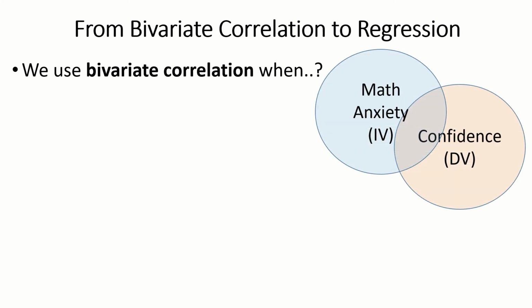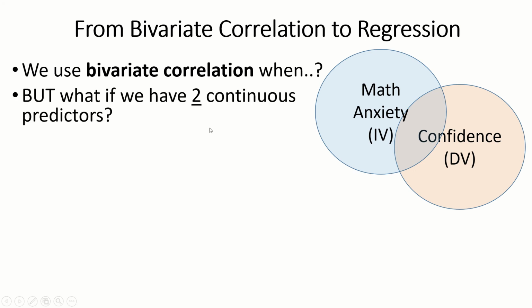In the first example of bivariate correlation in the last unit, we talked about how math anxiety is related to confidence in doing well in this course. We found a strong relationship between the two: as math anxiety increased, confidence in doing well in the course decreased quite a bit.